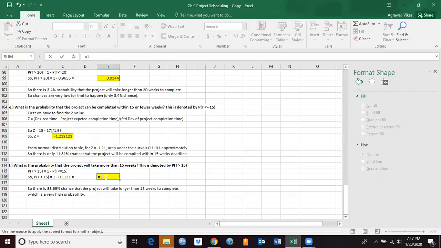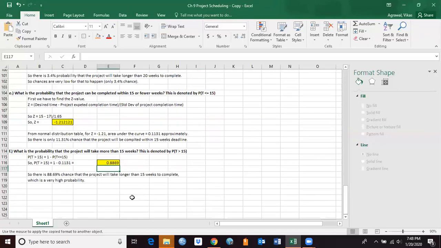So 1 minus 0.1131 gives 88.69%. So it's a very high chance. The probability is very high that the project will take more than 15 weeks to complete. 88% chance. That's something you have to keep in mind.